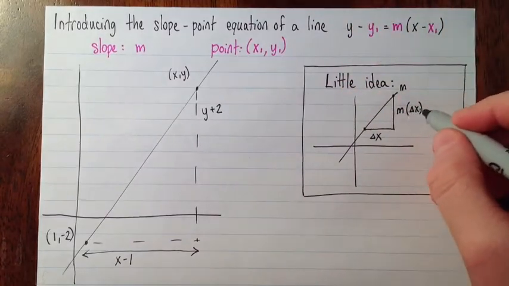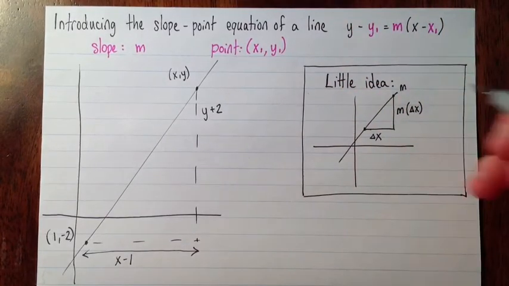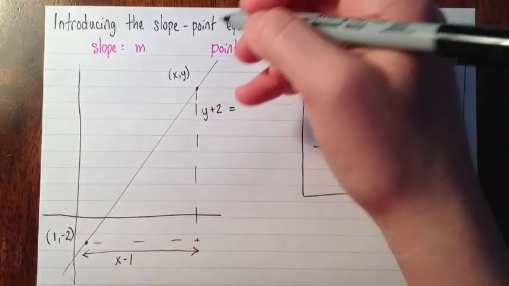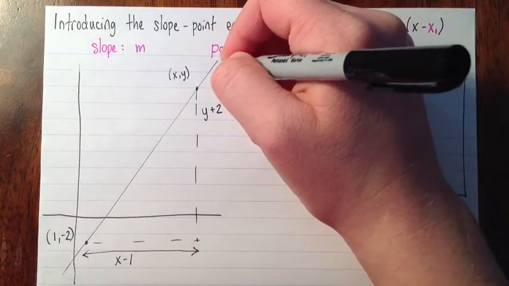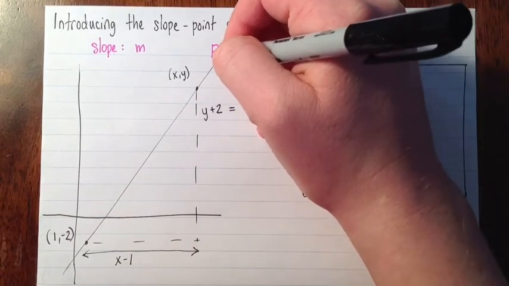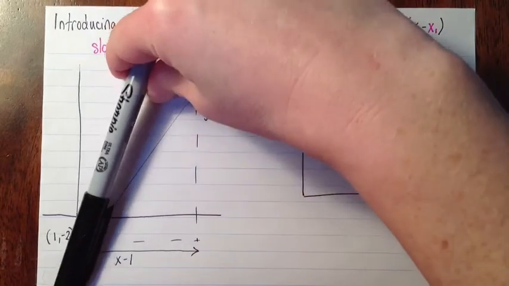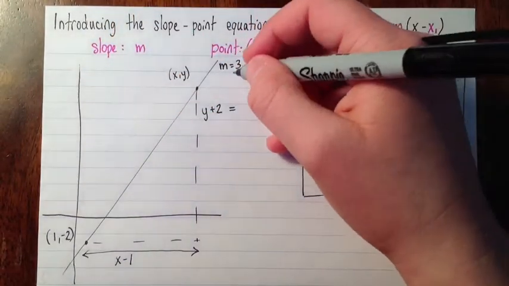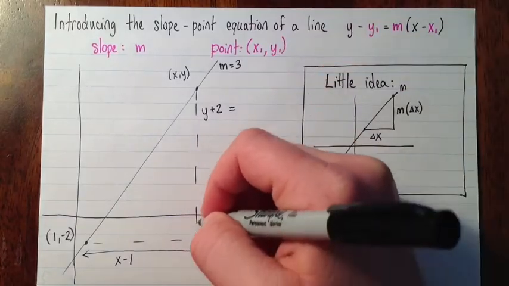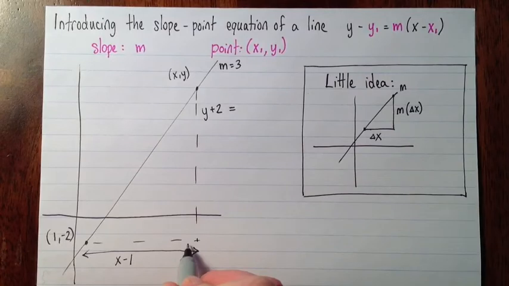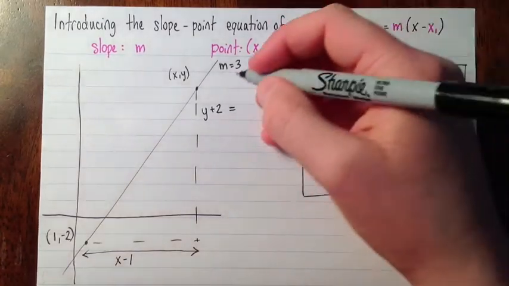But if we use this little idea over here, there's another way we can describe this height. Let's say that this line had a slope of 3. It doesn't look quite as steep as a slope of 3, but we don't know what the scales are on this. Okay, so if it has a slope of 3, then this is 3 times as big as this. Just from this little idea, that's all the slope means.